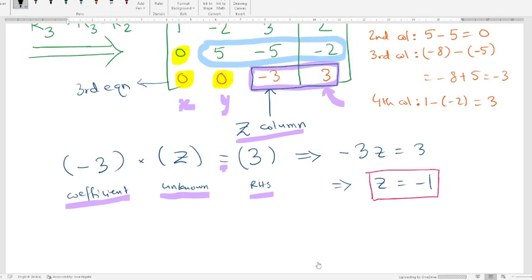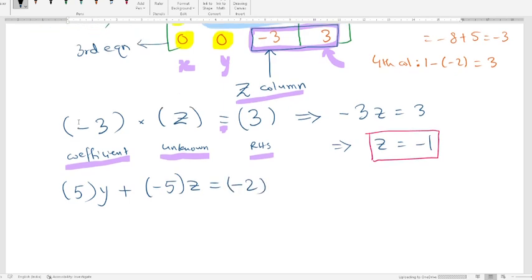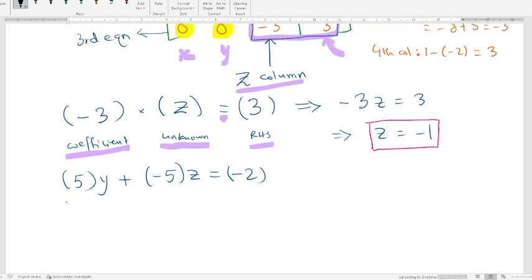We get exactly 5 times y plus negative 5 times z is equal to negative 2. But the value of z we have already obtained. The value of z is equal to negative 1, right? So we can substitute z here. So we get 5y minus 5z is equal to negative 2.